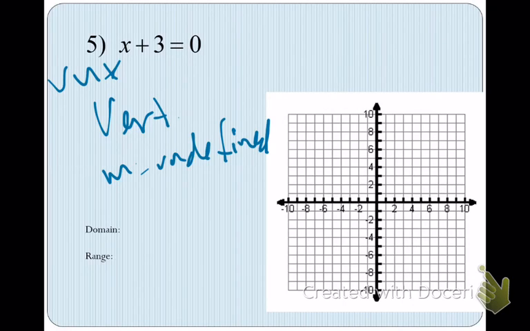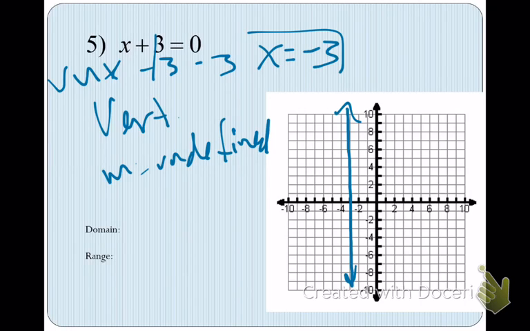Where does it go? It's a vertical line, and it's going to hit the x-axis at -3. Because we have to get the x by itself. So subtract 3 from both sides. And x is -3. Okay?